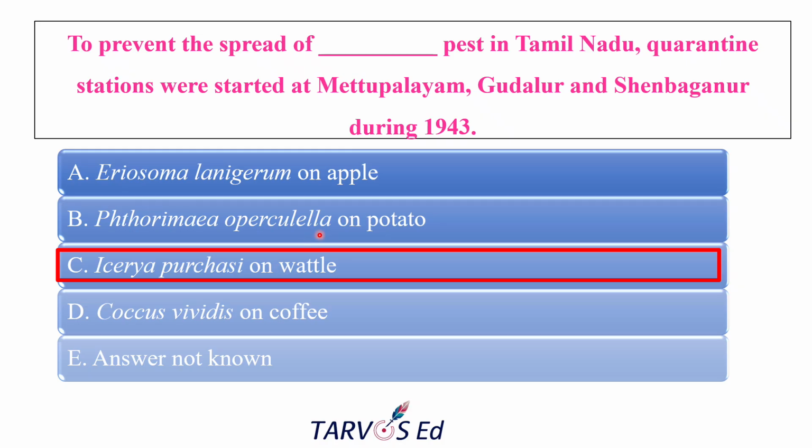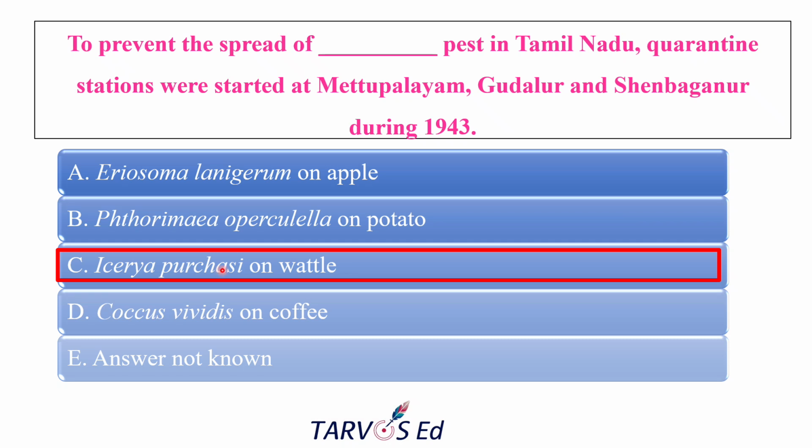Because at the time wattle was a major cash crop in the Nilgiris for tannin production, right? So in order to protect the particular crop from this pest, they established the quarantine stations at Mettupalayam, Gudalur, Shenbaganur. Okay, it is a highly invasive pest. Once it is introduced, it spreads fast through the crawlers and the wind also.